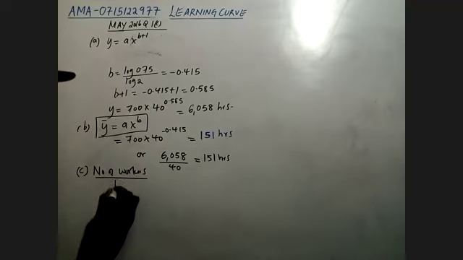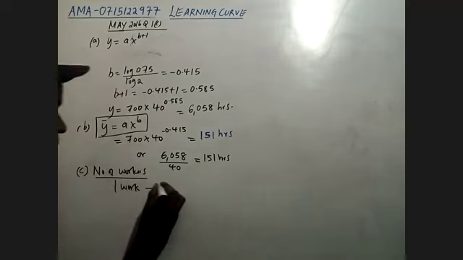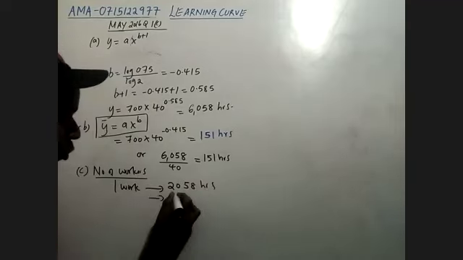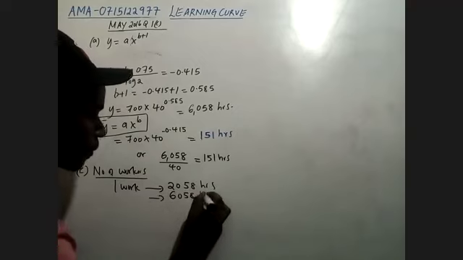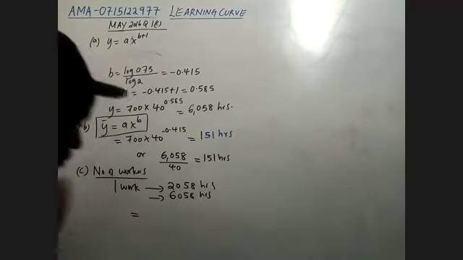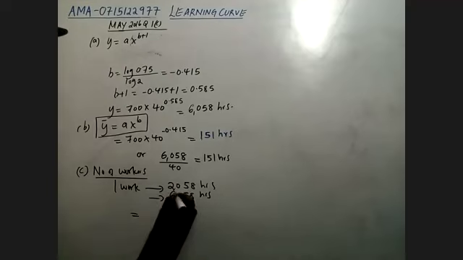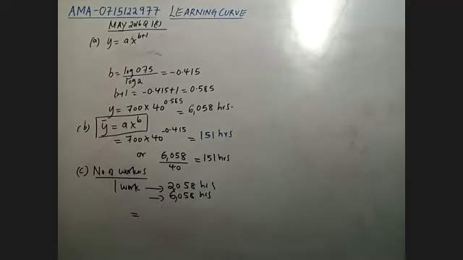Now, if one worker anatumia 2,080 hours, how many workers do we need to cover 6,058 hours?